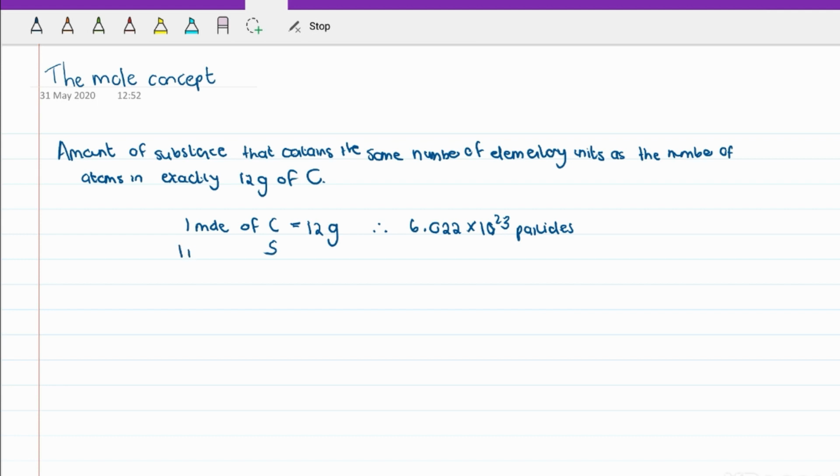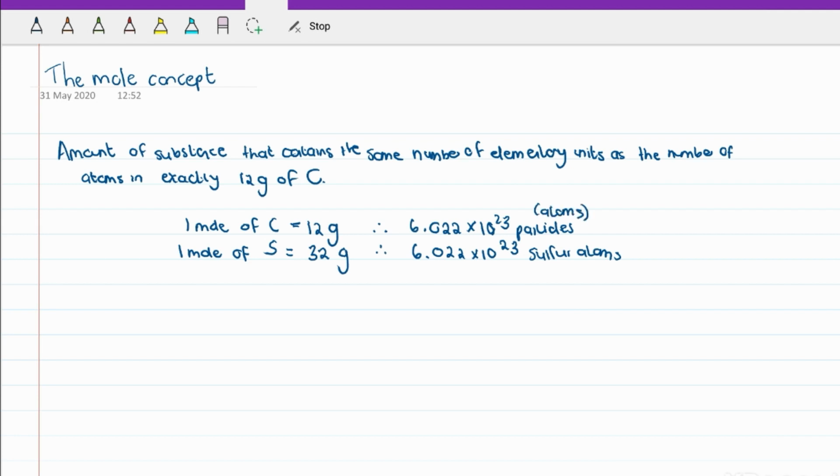If I have 1 mole of sulfur, and you will see this mass on the periodic table, it is 32 grams. This is just a rounded value, and that is also 6.022 times 10 to the 23 sulfur atoms. This is also true for carbon atoms.